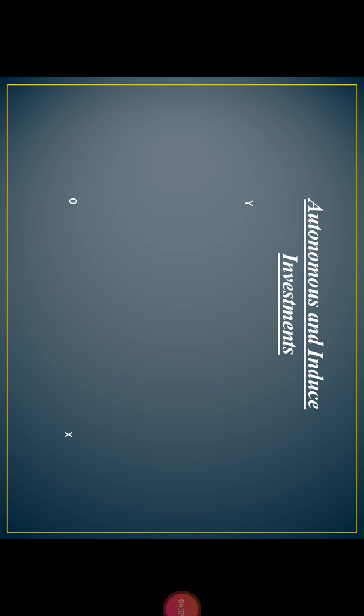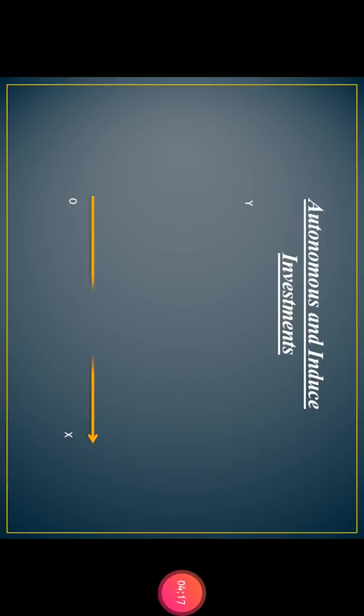Let us give a glance at the diagrammatic representation of the autonomous investment and the induced investments. On the x-axis we have income and on the y-axis we have investment.